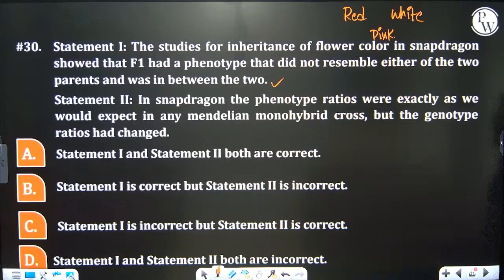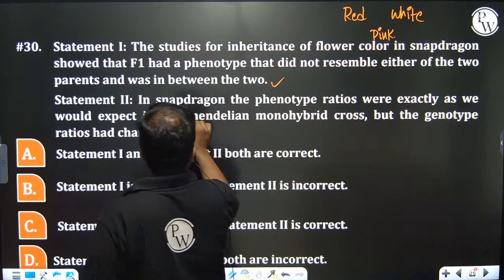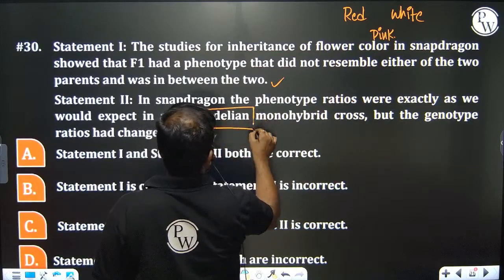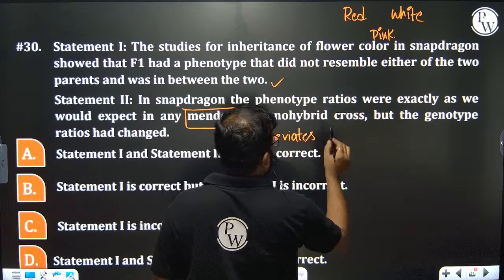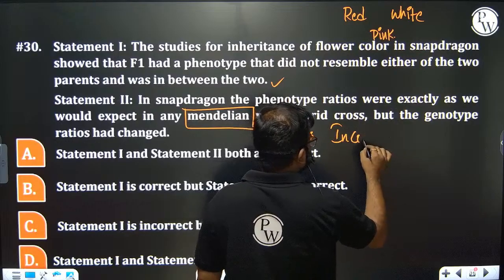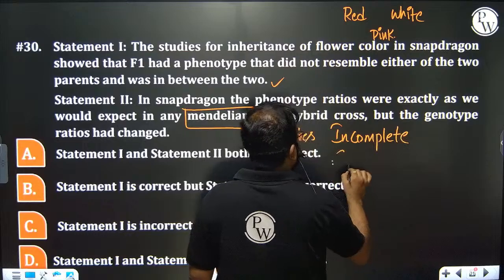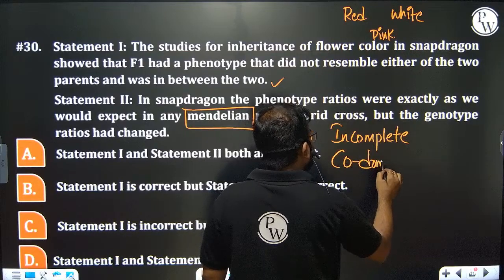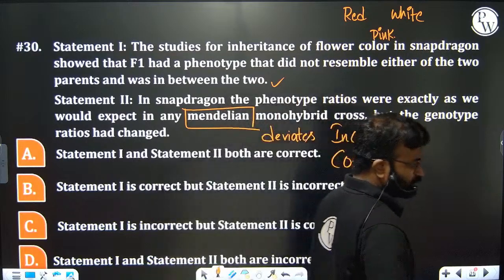In Snapdragon, the phenotype ratios were exactly as we would expect in the Mendelian monohybrid. No, it deviates from Mendelian. What deviates? Incomplete dominance and codominance both deviate from Mendelian principles.